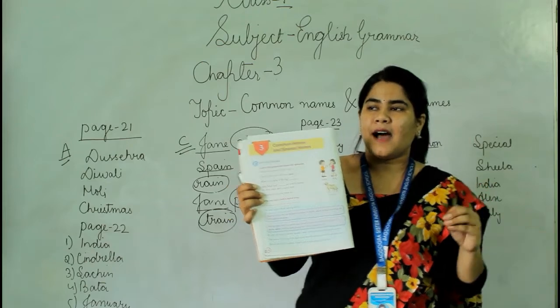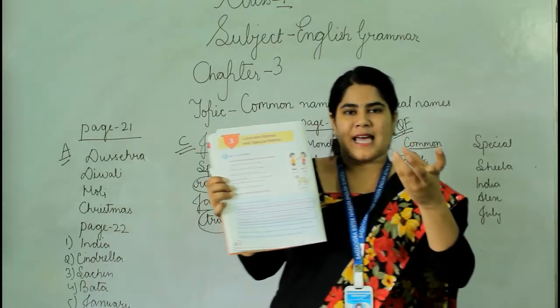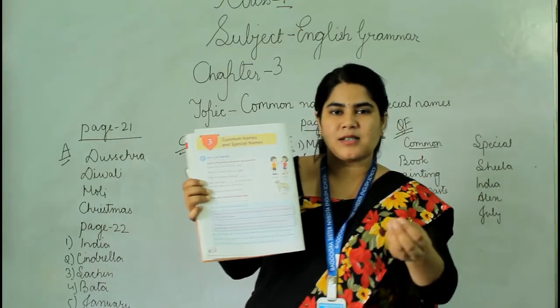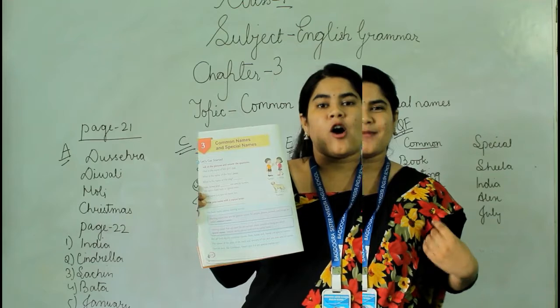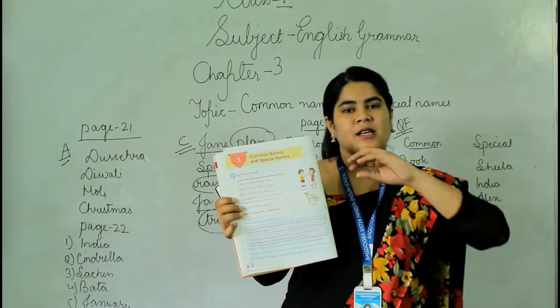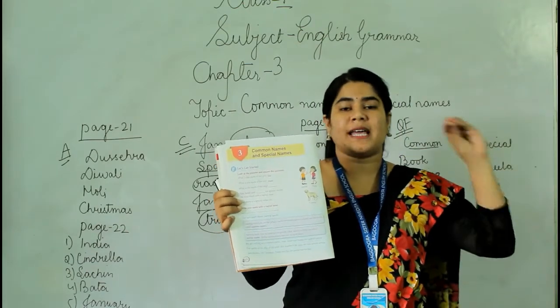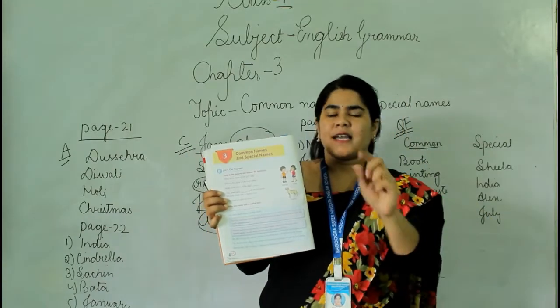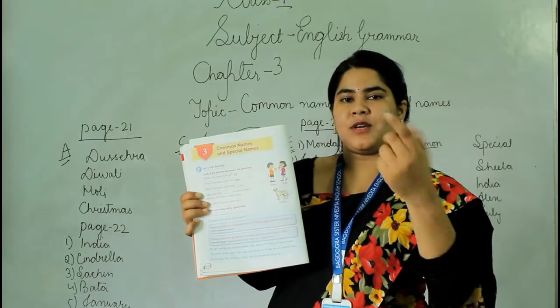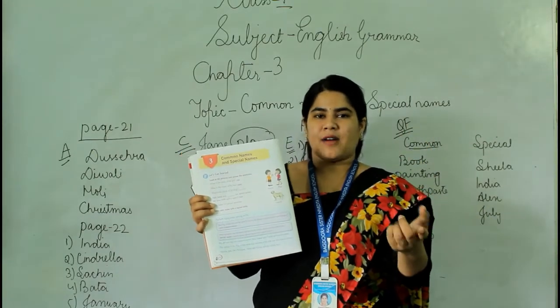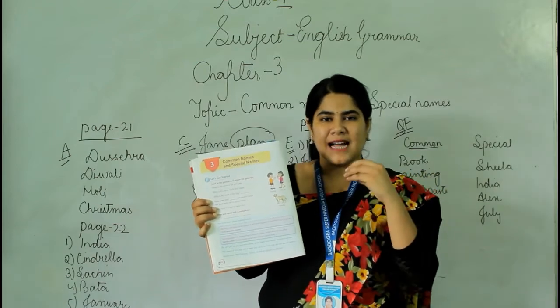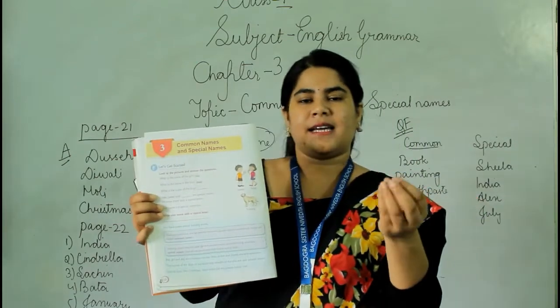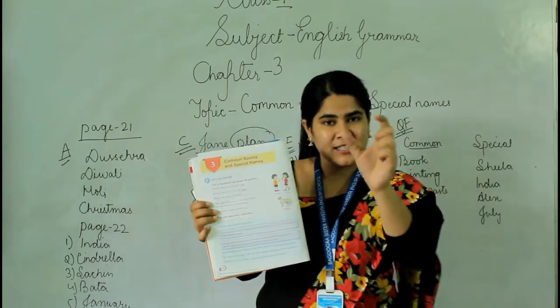Now one more example, like animals, birds. All the animals and birds have some name, so they are called special names. But the words animals, birds, now if I ask which animal do you have, you will answer, I have a dog, its name is this, that is called a special name.